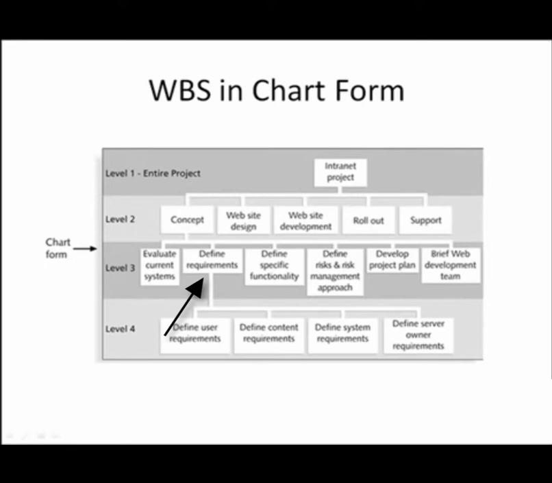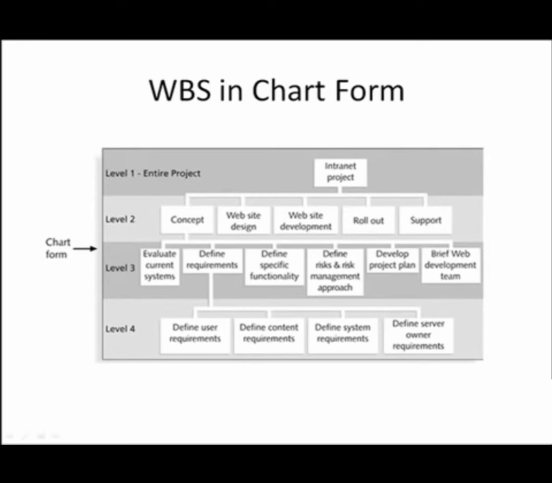Well, that's the second piece of work in the concept area. So we get successively smaller and smaller and smaller until we finally get to level 4, which is underneath the defined requirements, the smallest piece of work, which is actually the task itself, which you can describe in detail.